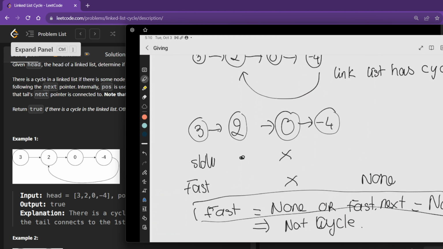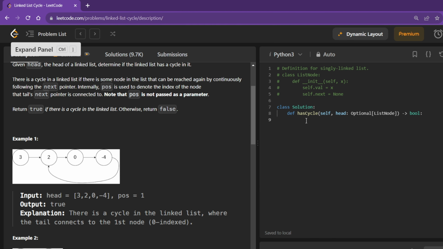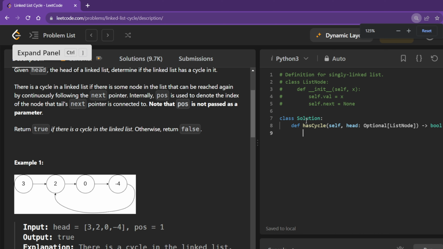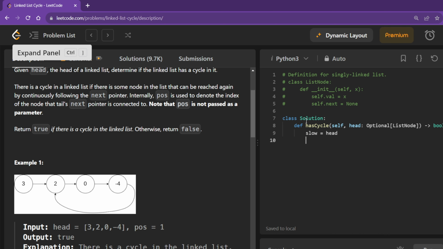Now we're going to code it up. We're going to initialize slow pointer equal to head, fast pointer equal to head as well.